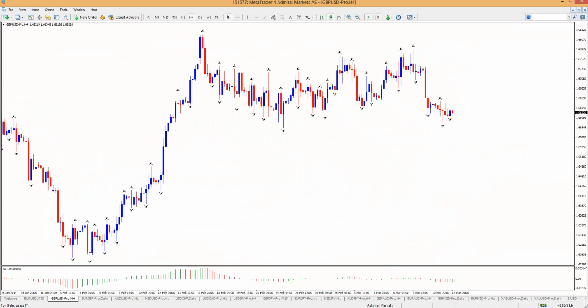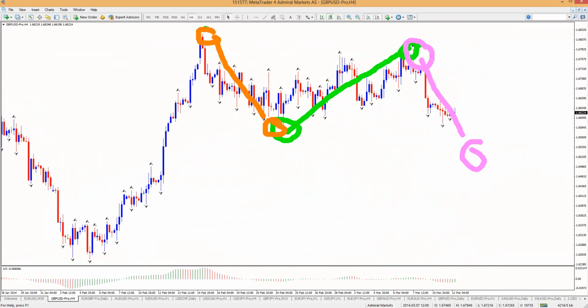So therefore, I would say the likelihood of this being one correction is decent, whereas this is one correction as well. So it seems like we're building a new leg here of correction. So that's how I would split the corrections at the moment.